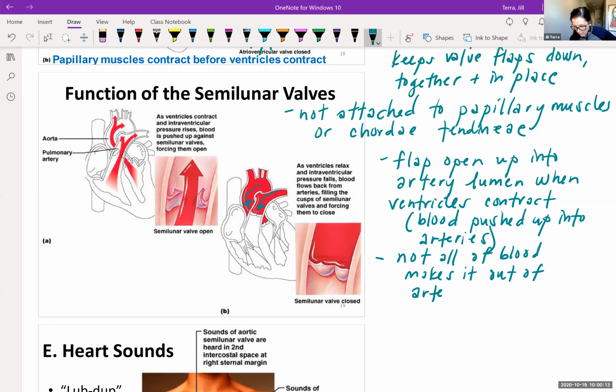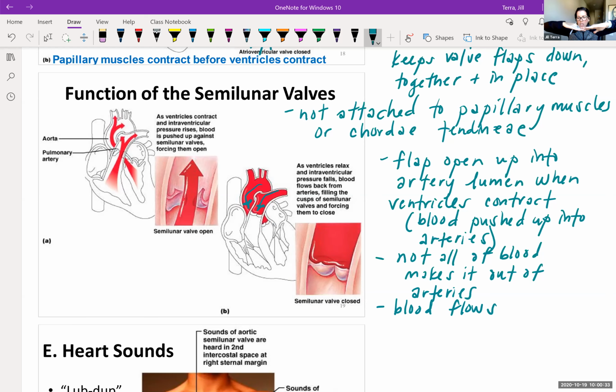And so when that blood flows back, it naturally causes those cusps, the three flaps of tissue, to lay down on each other in a nice little tripod, three-part arrangement.